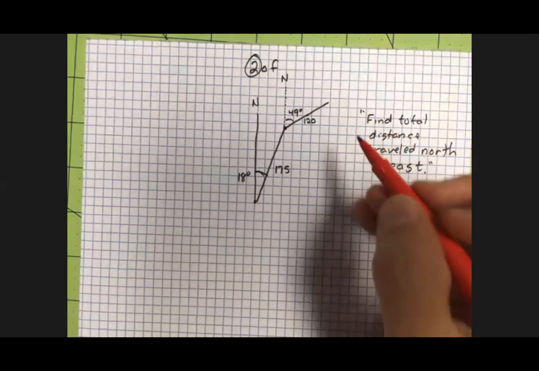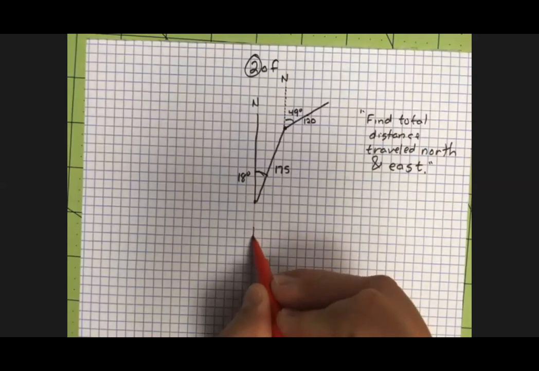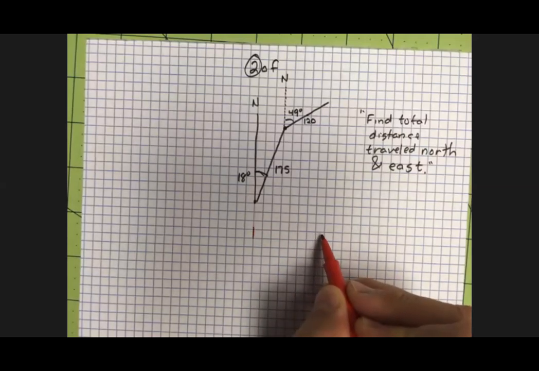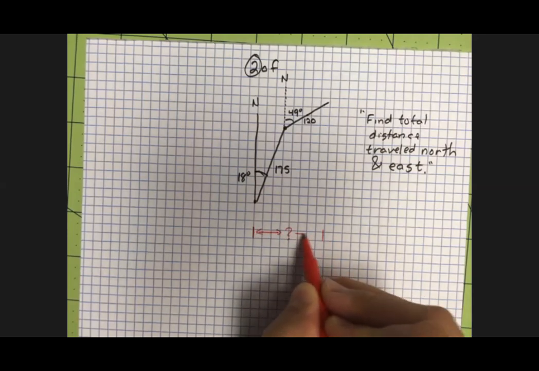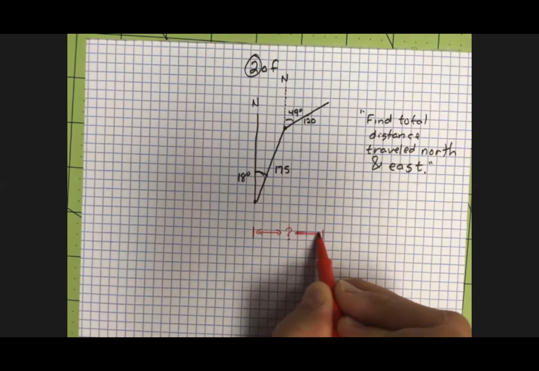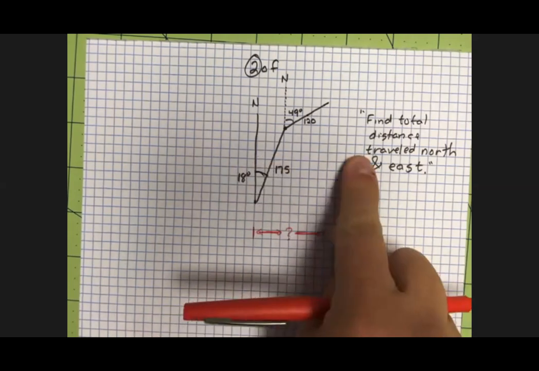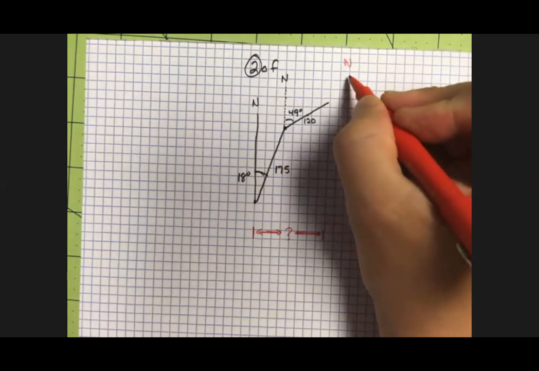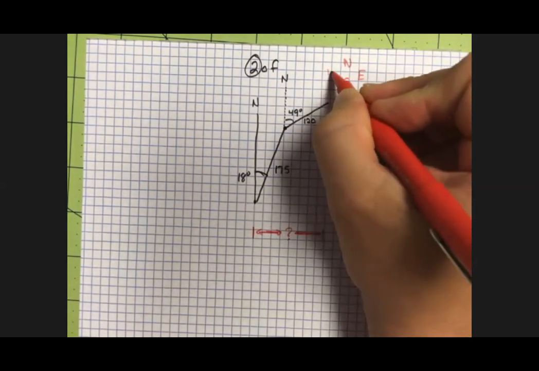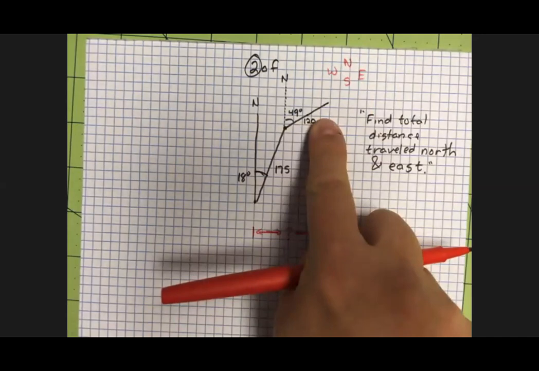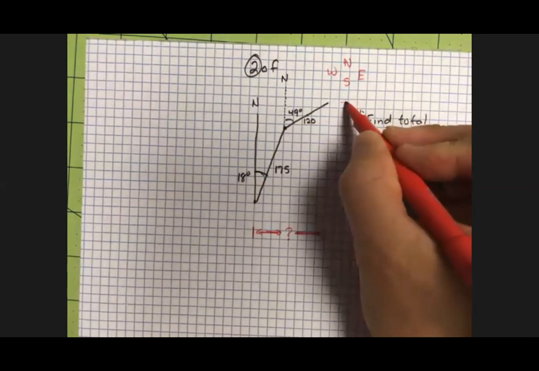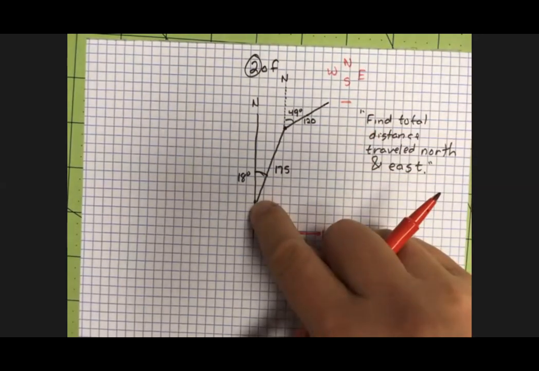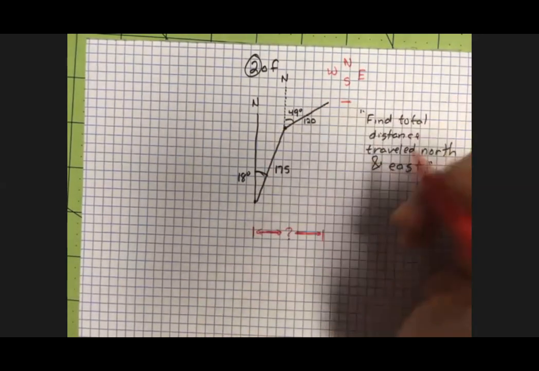Now, the question is, I want to know how far east I've gone from there to there. I've definitely moved east. This is north, south, east, west. I moved east and I moved east some more. Then I want to know how much I went north, because wherever I started, I've gone north and northwards again.